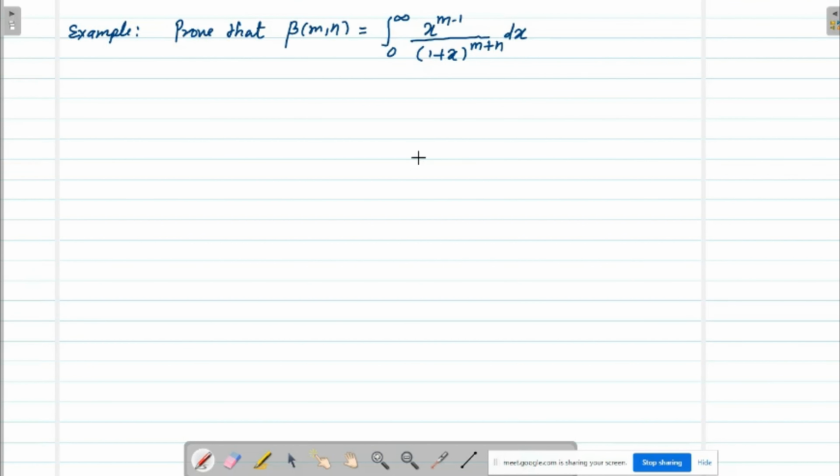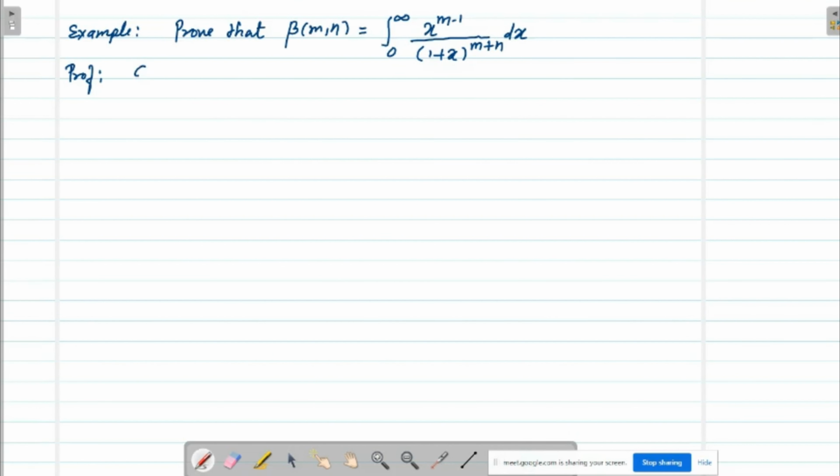We will prove this result, and this result is important for you. So for this, what do I have to do? Here is the proof. How to prove this result?